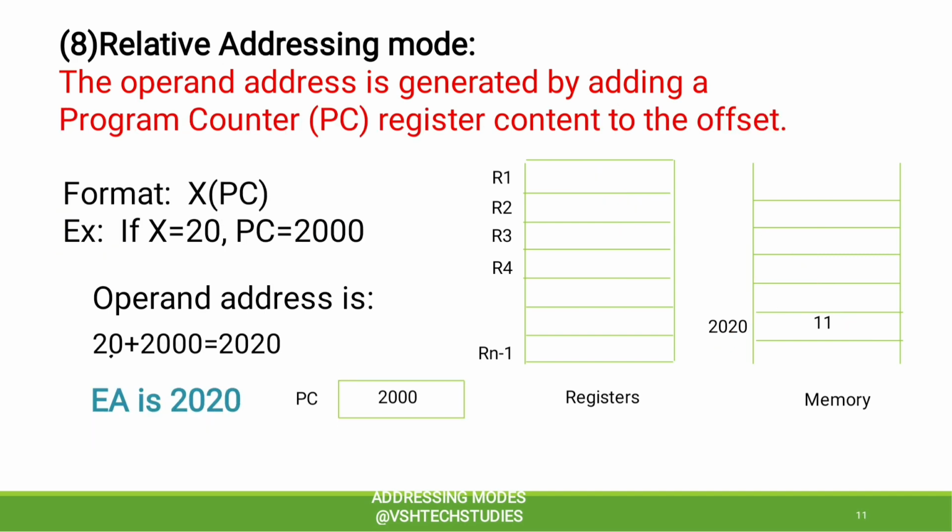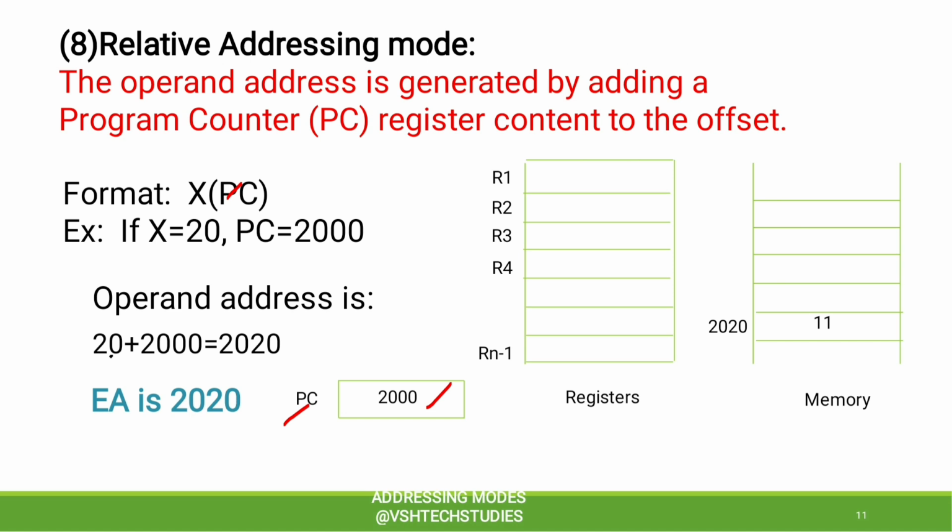Relative addressing mode. The operand address is generated by adding the program counter register content to an offset. This is similar to index addressing mode. Instead of a register, here PC is given. PC means program counter. It is a special register in the processor. It always holds the address of the next instruction.